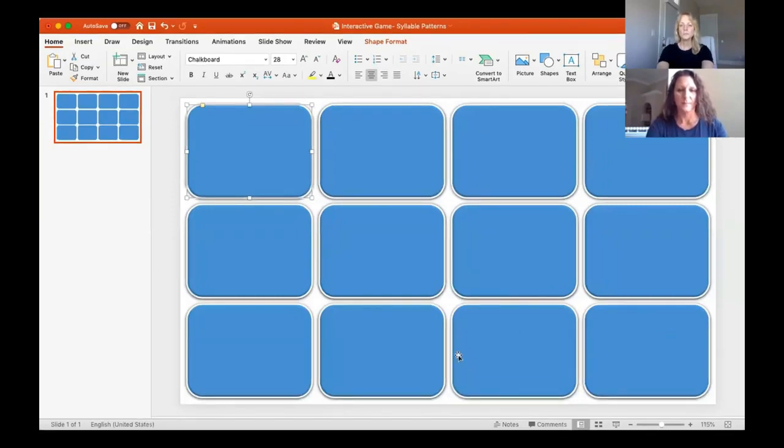Okay, so this is just a matching game, and it can be edited if it's in editable mode. You can move this down, change your words underneath, and move it back up. As long as you don't change any of the animations, you can edit it according to what you're teaching. If you're teaching the floss rule, you can do a matching game with all the floss words.